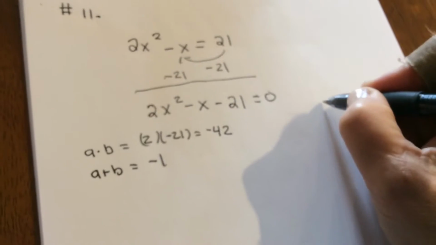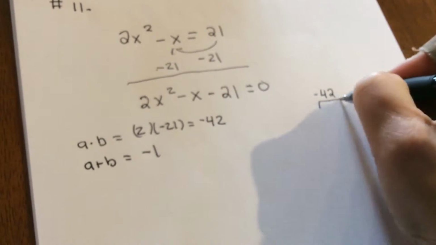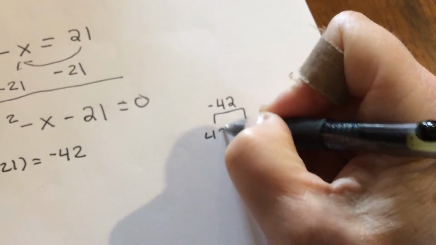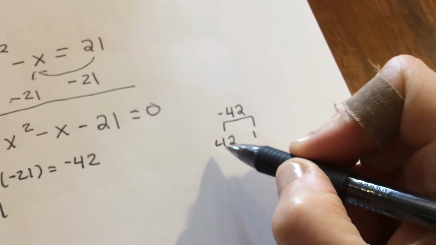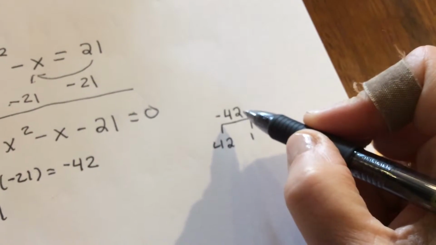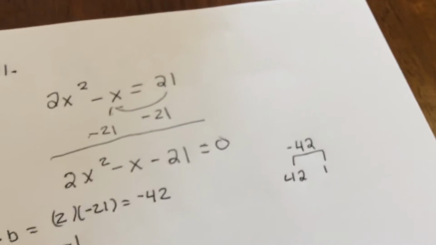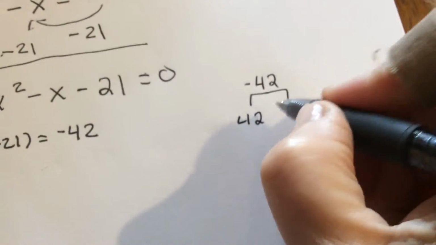All right, so let's go ahead and make our factor tree. I'm going to start out with 42 and 1. Well, I can make it such that they give me a product of 42, but there's no way I can rearrange 42 and 1 to give me a negative 1. So that's not going to work.